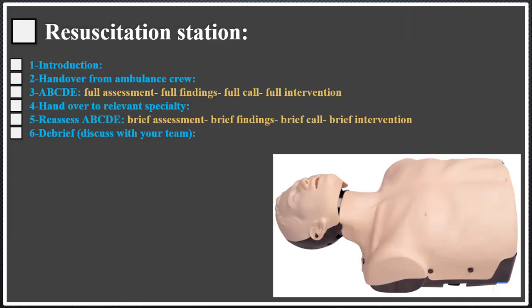So what is the difference between conscious sedation and rapid sequence induction? Which one is half dose, which one full dose? Half dose is conscious sedation, and for general anesthesia or rapid sequence induction, we use full dose. So propofol here is 2 milligram per kilogram, but here 1 milligram per kilogram.